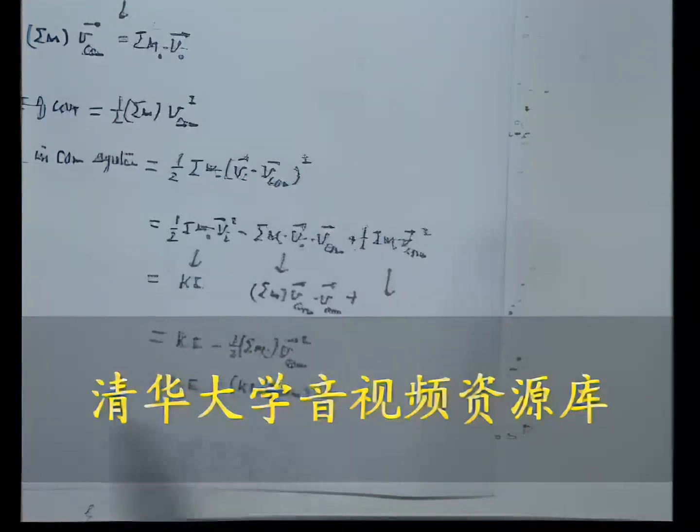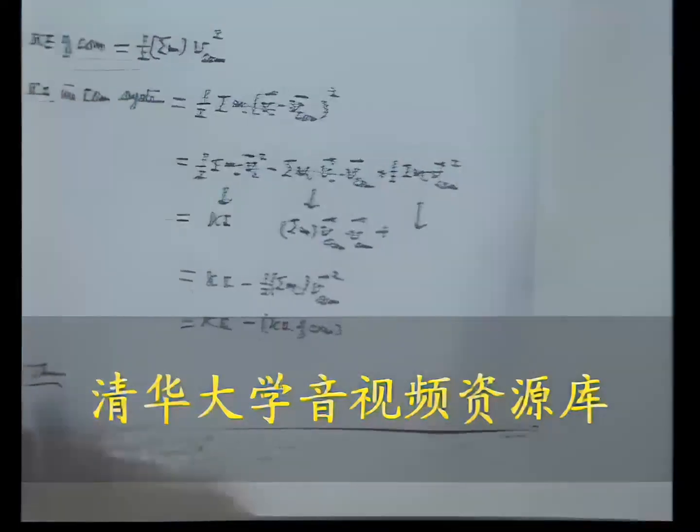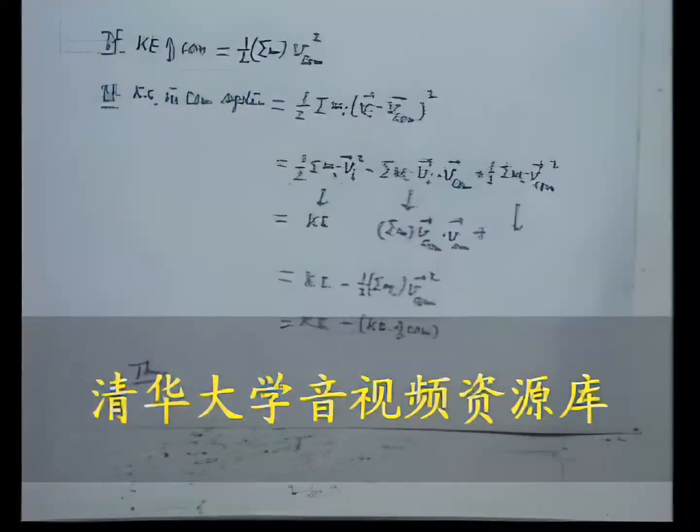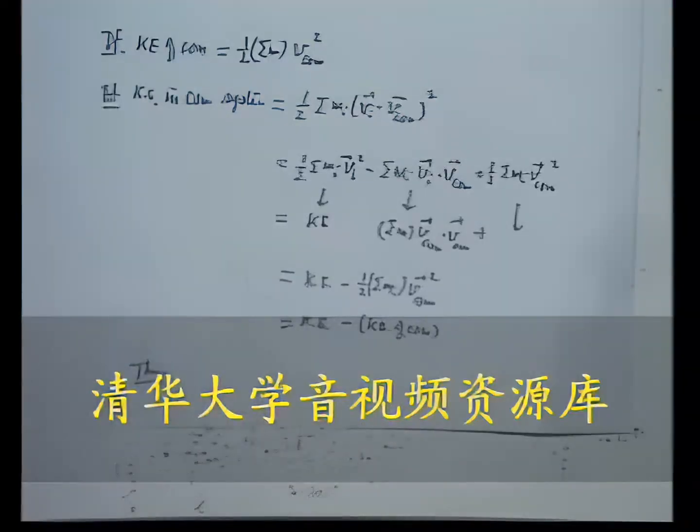So if I now move this onto this, we have a theorem. Theorem says the total kinetic energy, which is this term, is equal to the kinetic energy of the center of mass plus the kinetic energy in the center of mass system.